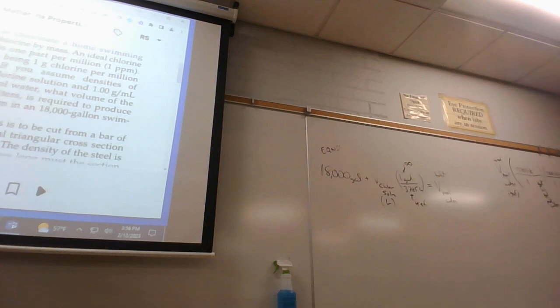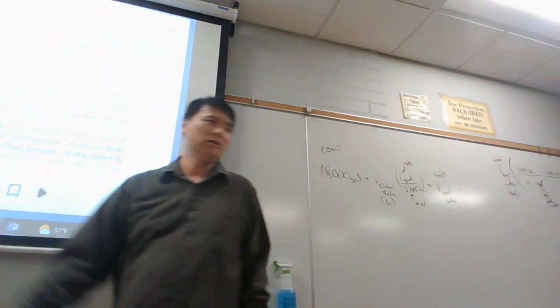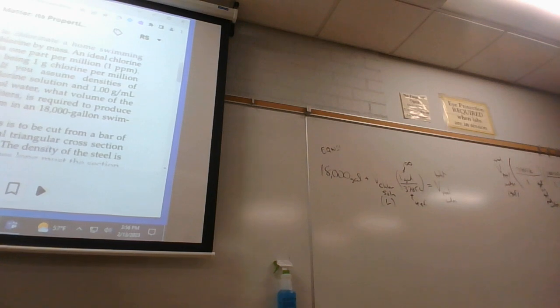And I'm very close because this problem is asking for liters of chlorine solution. And so the final step here is going to be converting this from milliliters to liters. And so 1 liter is equivalent to 1,000 milliliters. And so milliliters cancel, and that leaves us with liters of chlorine solution.